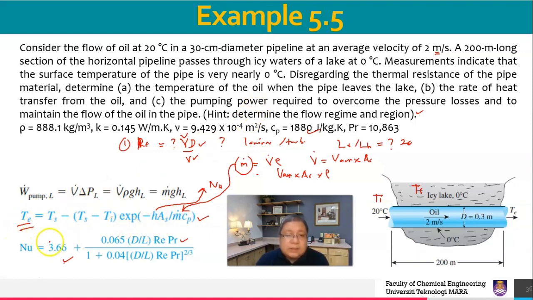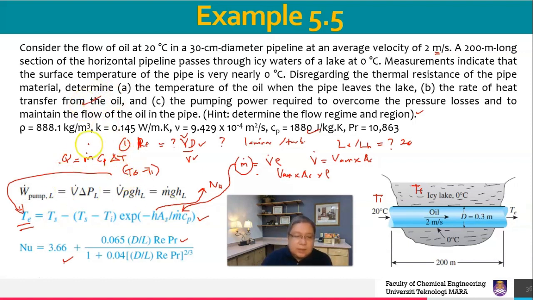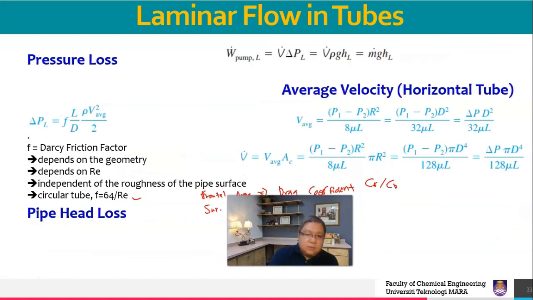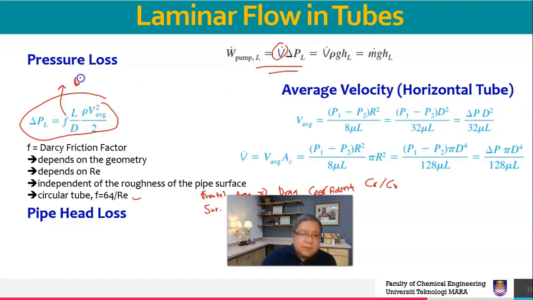Once you know the T_e, you can determine the value of Q. Just sum up Q as m Cp delta T, where delta T is T_e minus T_i, from the T_e you got earlier. Then for W dot, you have to determine this value first, and then multiply with V dot, the volumetric flow rate. f is 64 over Re.